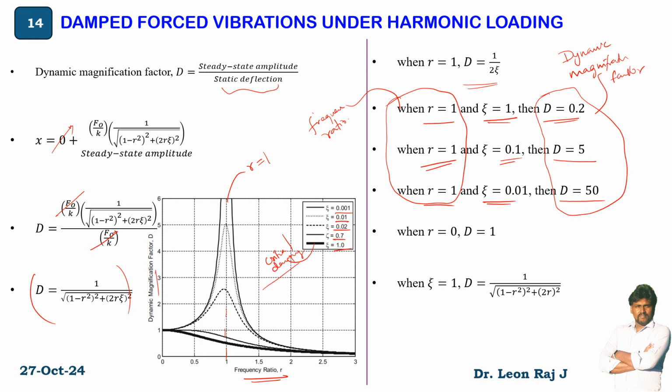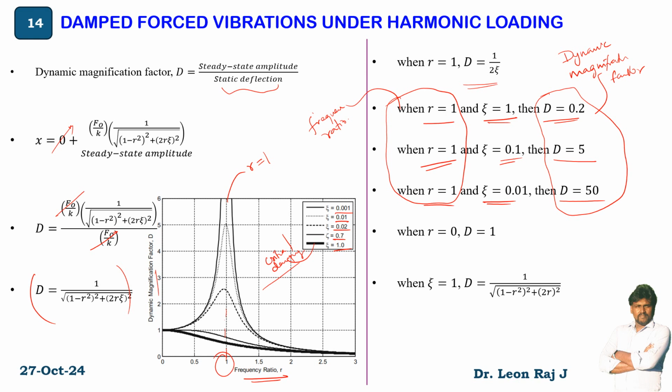In this critical damping, your dynamic magnification factor varies with respect to the r value as shown here. For different psi values, the dynamic magnification factor is maximum at r equal to 1. So resonance occurs when the natural frequency is equal to the forcing frequency.